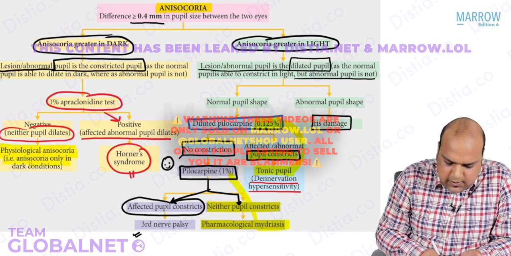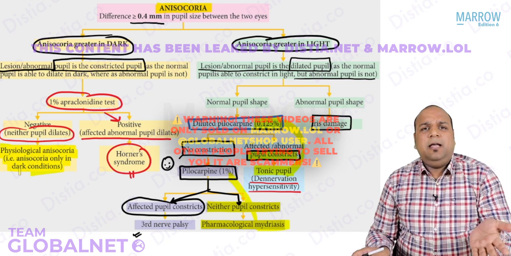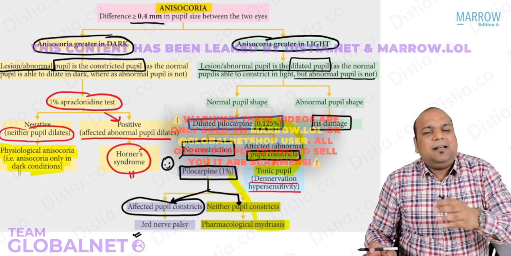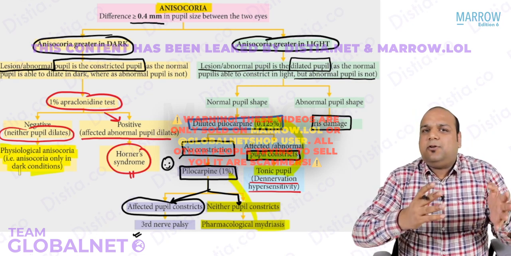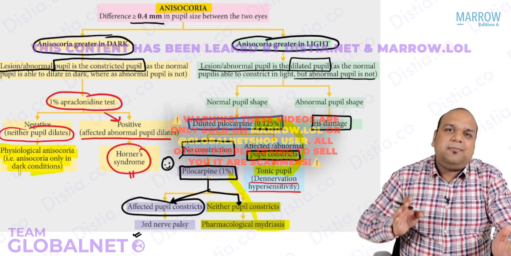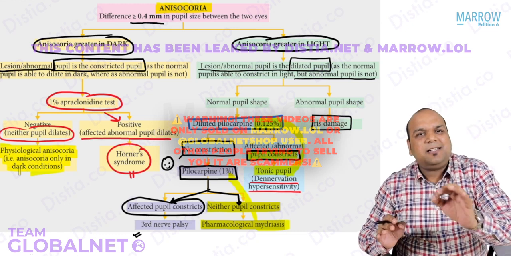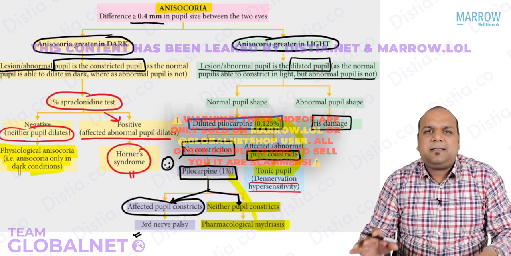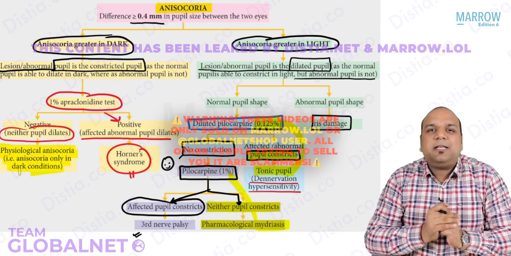It is a case of physiological anisocoria. So basically, if there is anisocoria in dark, everybody, either it can be a case of Horner syndrome or it can be physiological, normal or Horner's. The only test which can differentiate is the 1% apraclonidine test. As simple as that.